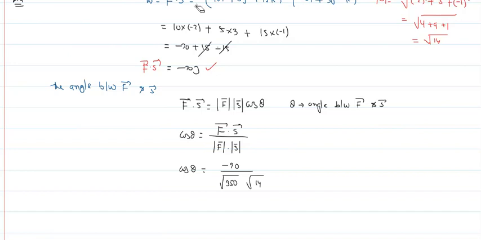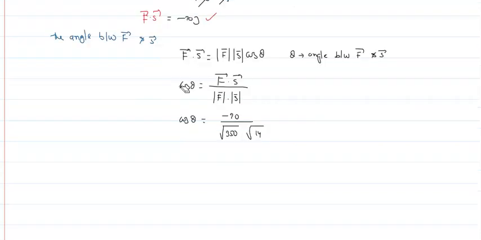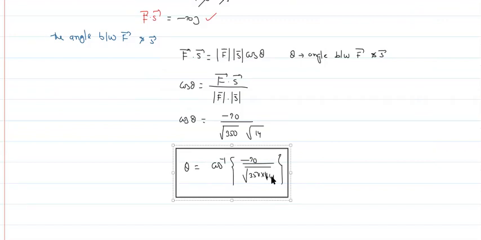So theta is cos inverse of minus 20 over root of 350 into 14. In this manner, you can find the angle between two vectors.